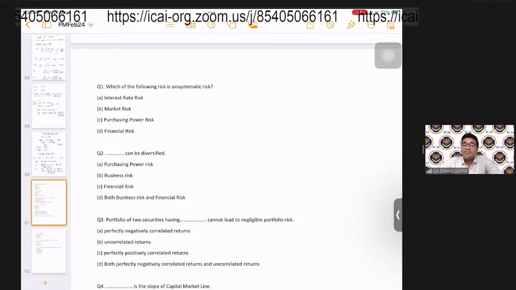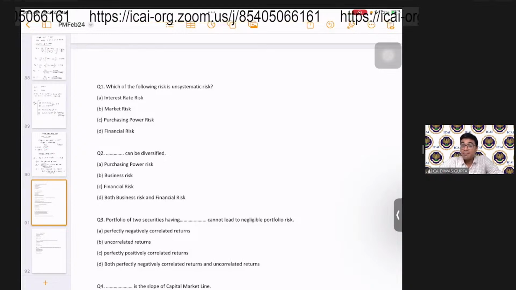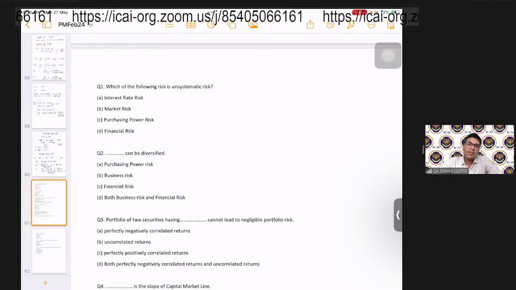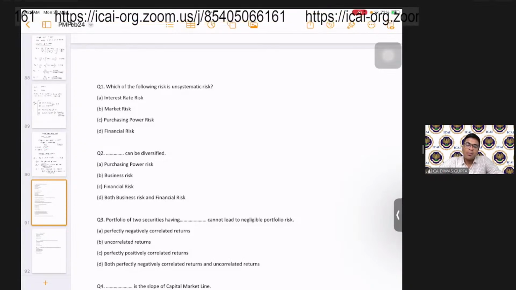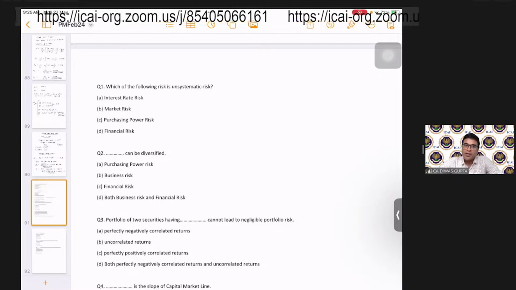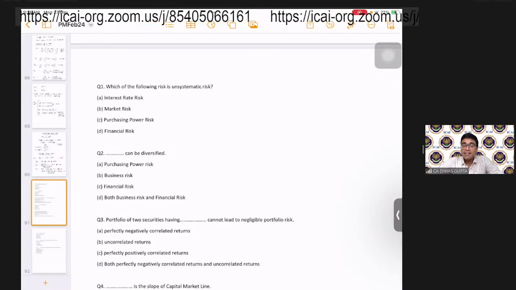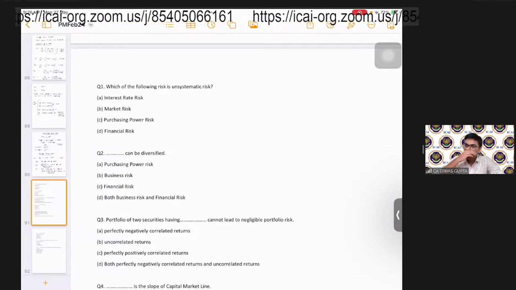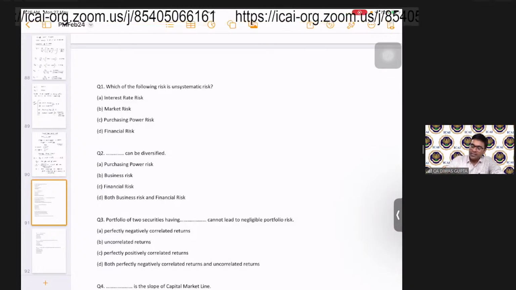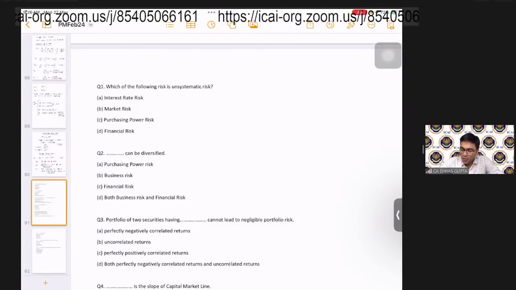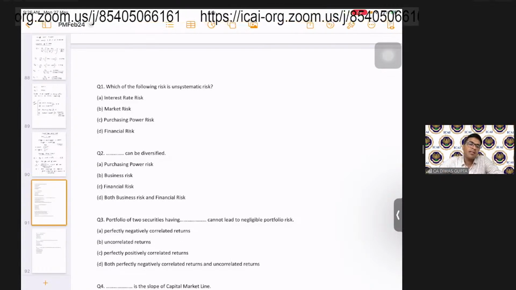So I think for the first question itself, there are mixed answers. Some of you are correct and some of you are not. Nevertheless, please read the question very carefully. It says, which of the following risks is an unsystematic risk?